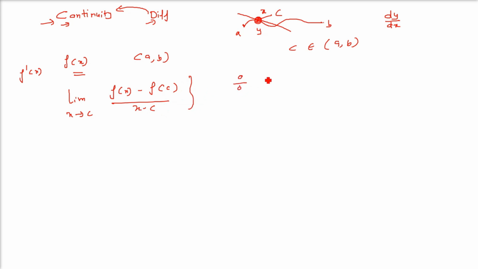It is not of the form 0 by 0, infinity by infinity, 0 by infinity, or infinity by 0. Then we say that this function is differentiable at point c.